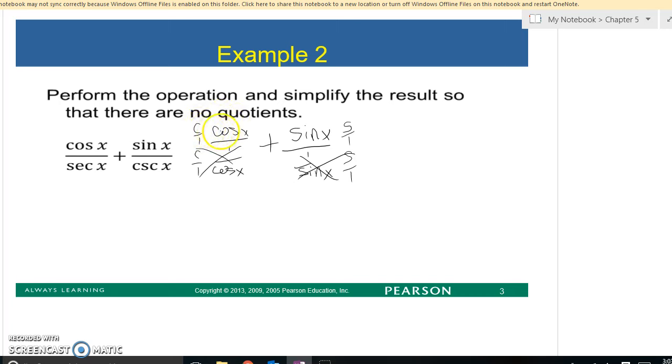In the numerator right here, you're going to have cosine times cosine, which is cosine squared. And over here, you're going to have sine times sine, which is sine squared. And remember, we have a Pythagorean identity that says cosine squared plus sine squared equals 1. And so that would be simplified as much as you can with no quotients in the final result.